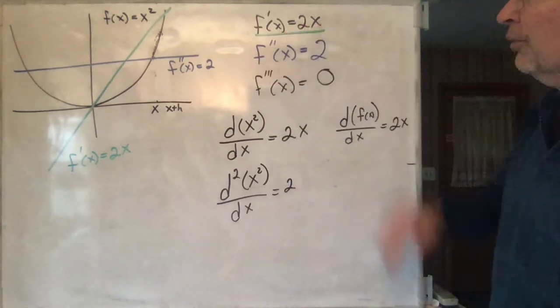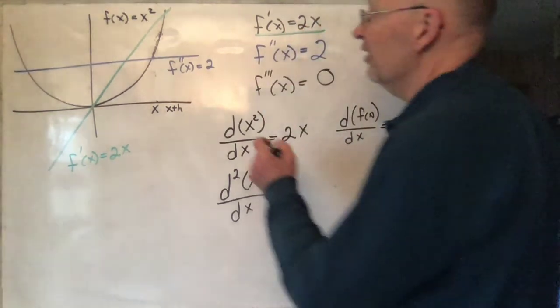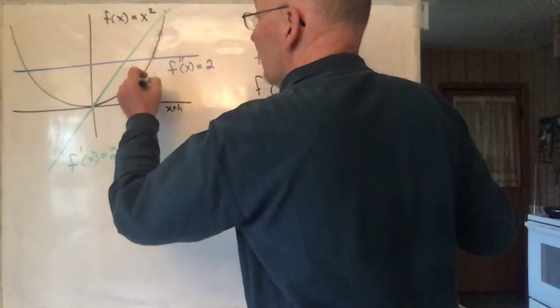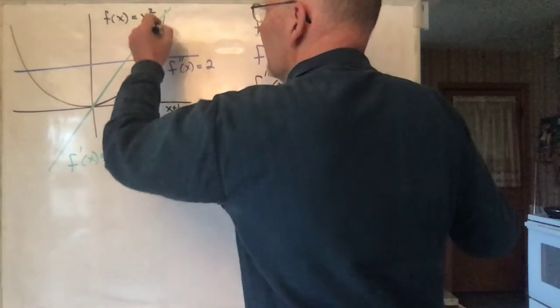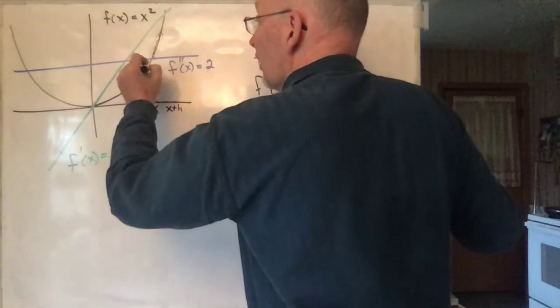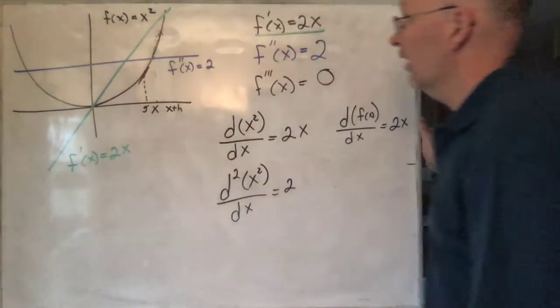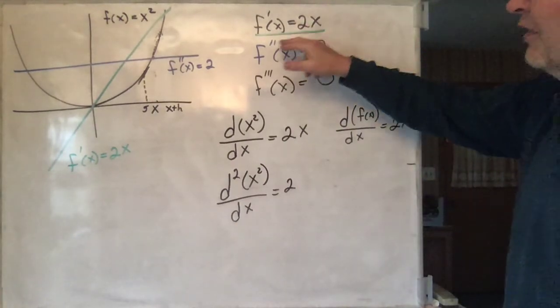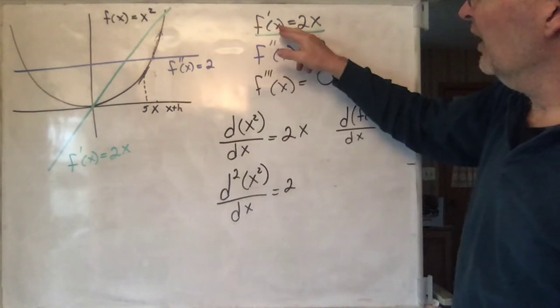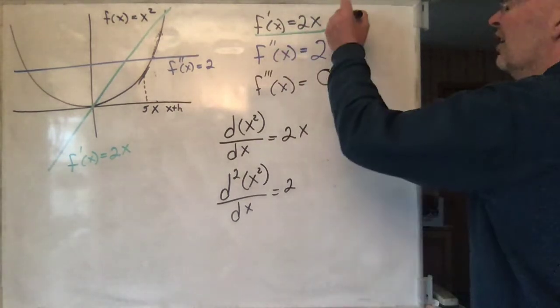So that's one advantage of this. The advantage of this one is, suppose I want the derivative, that is, I want the slope at a particular value. Let's say I want the slope at 5. Okay, let's just, for sake of argument, say that this is 5 right there. So we know that the slope there is 10. The advantage of this is that I can just say, okay, at any point x, the slope is 2x.